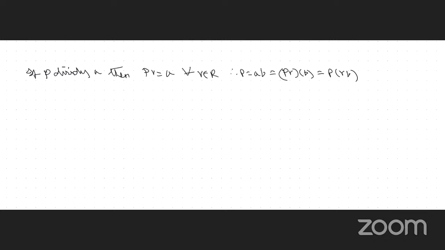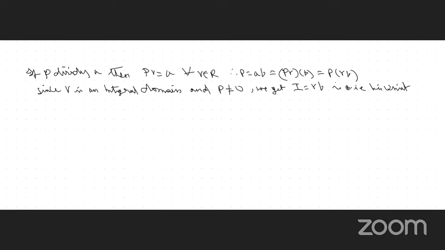Since R is an integral domain and P is not equal to 0, we get 1 = RB. Then B is a unit.